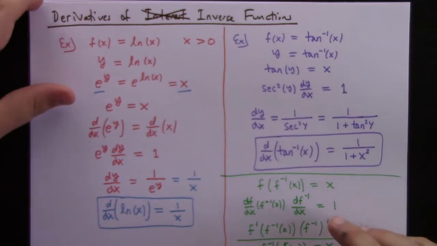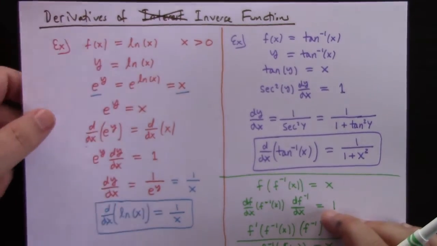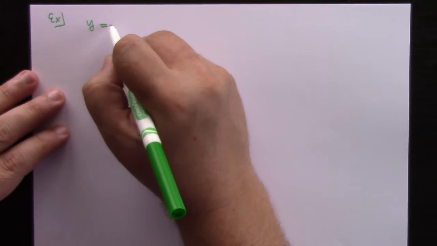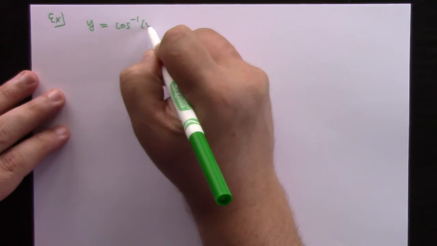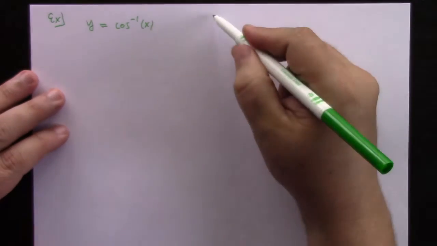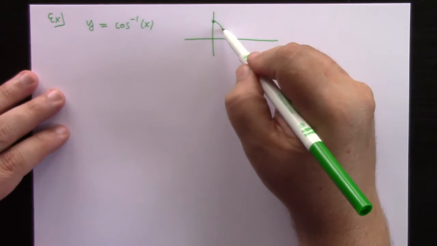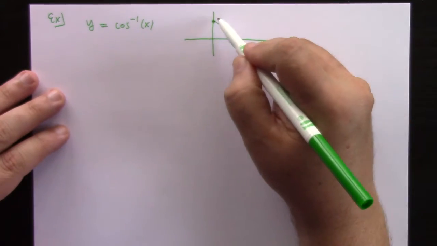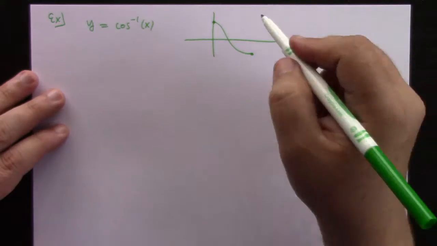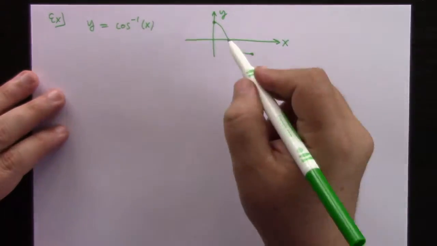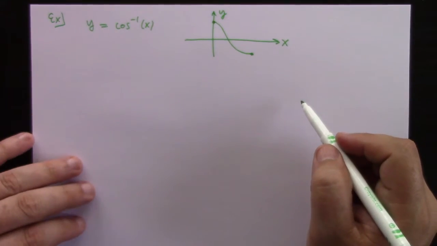So if you have a function which is decreasing, for example, like cosine, right? Suppose you wanted to find the derivative of inverse cosine of x. Well, remember, cosine is like this. That's the part of cosine which the inverse cosine is the inverse of, right? It's the inverse for cosine restricted to that bit, and cosine is decreasing on that branch.